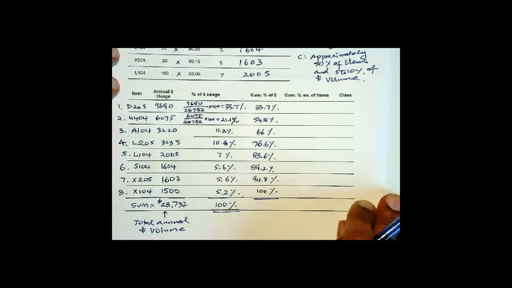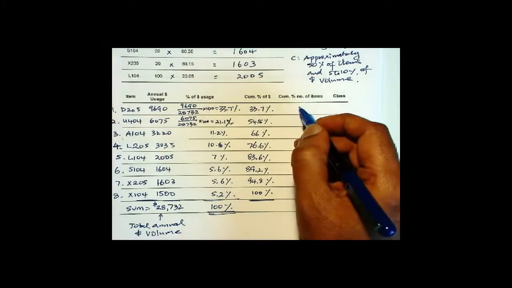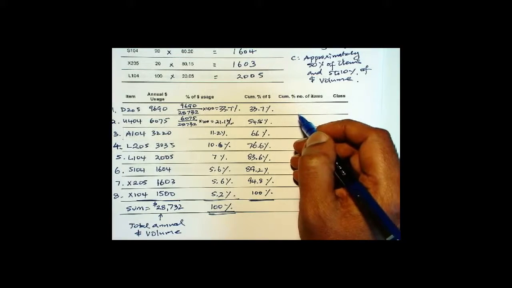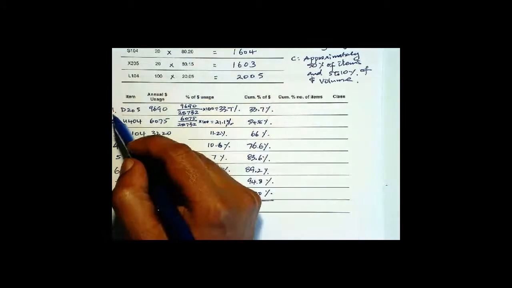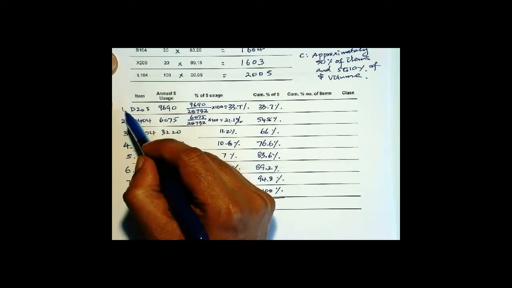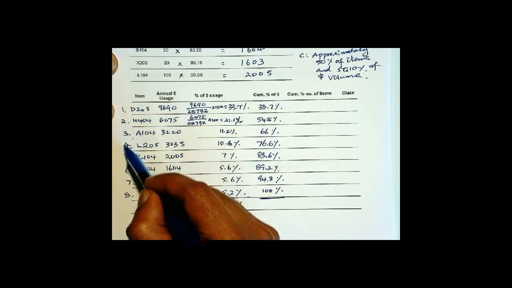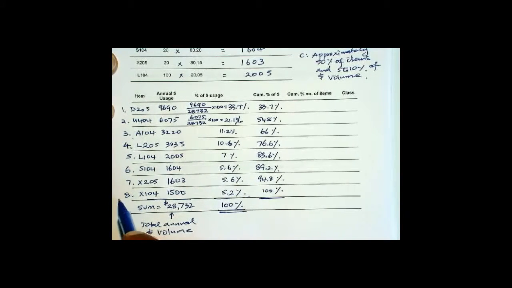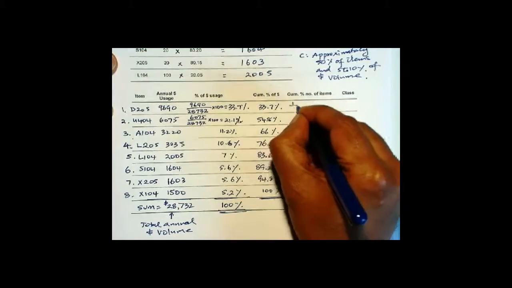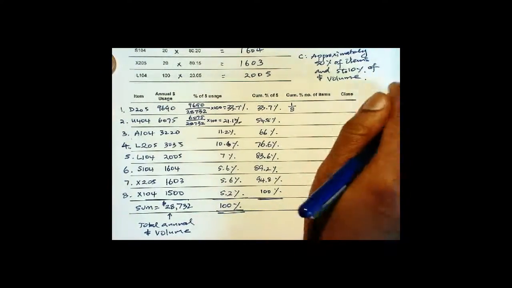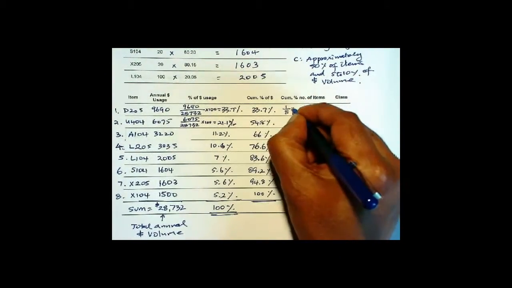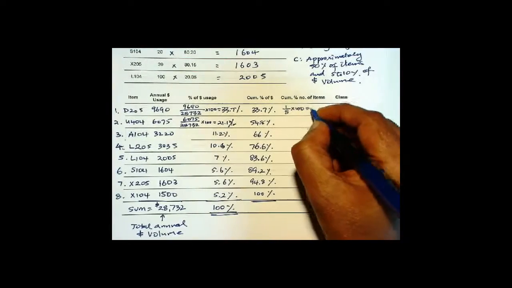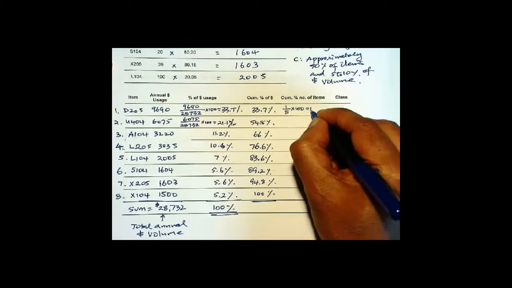Now let's do the cumulative number of items. So you can do cumulative number of items by taking the item number in this list and dividing by the total number of items. So you get 1 over 8, and of course you want to express that as a percentage, so that will be 12.5%.